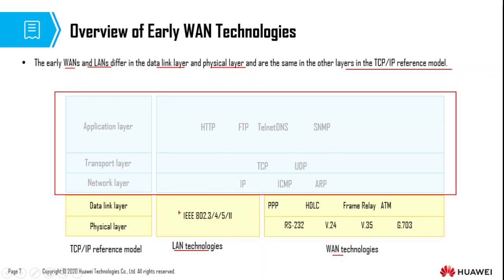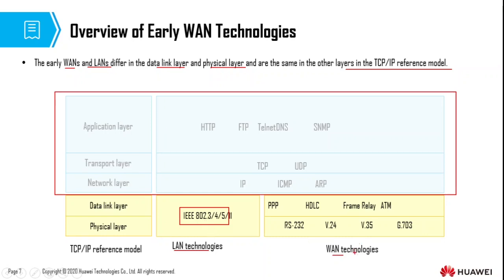For example, at the data link layer with LANs, we normally use the 802.3 standard and also the .11 standard, which we've looked at. And when it comes to the physical media, we, for example, use the Ethernet cable or fiber, or we also use wireless radio.